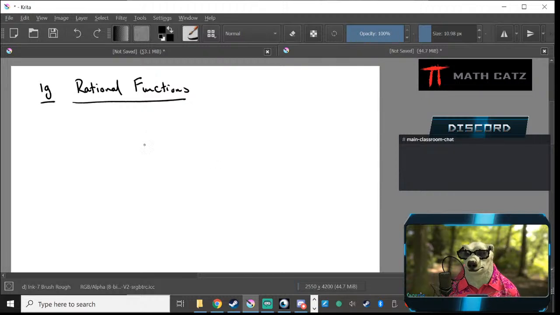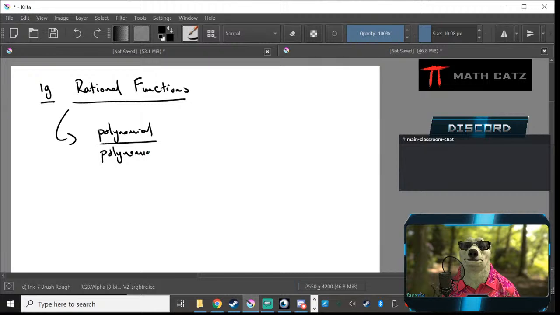The laptop's not as good as my PC, so it's a little laggy, but that's okay. So we first want to understand what is a rational function. A rational function is simply a fraction of polynomials. So I'll have polynomial over polynomial. So let's make some examples.